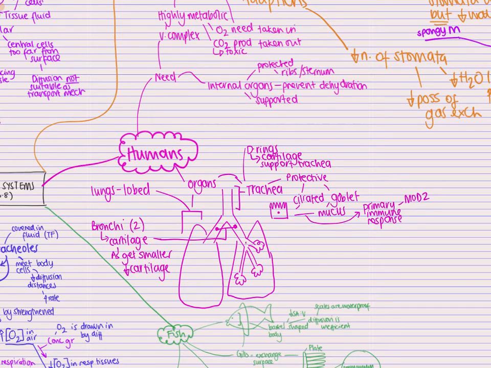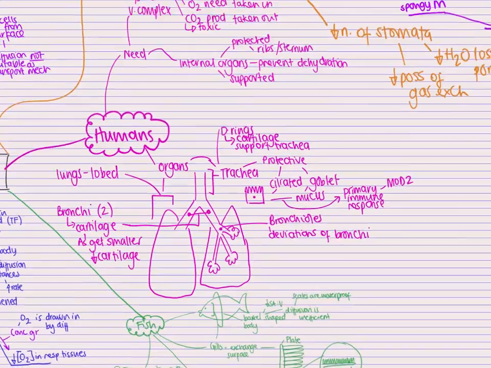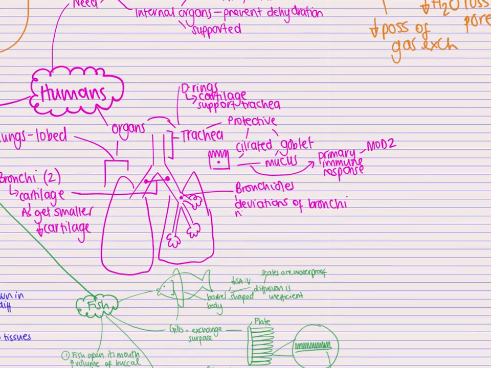But once we get into the bronchioles, which I'm going to move to now, they are further deviations of the bronchi. And these are not cartilage containing.